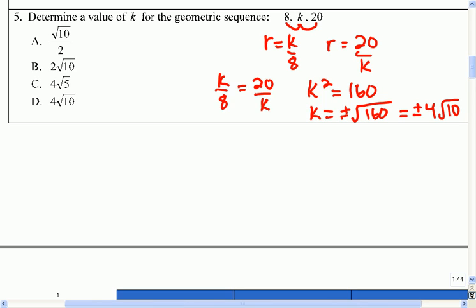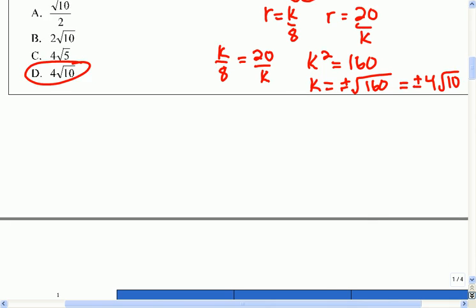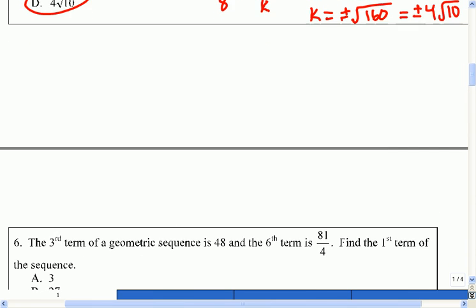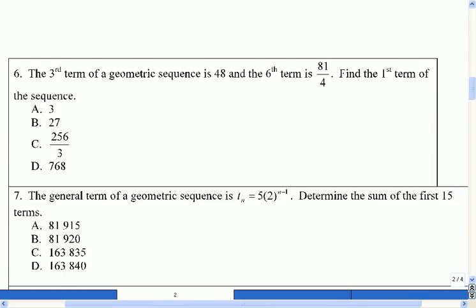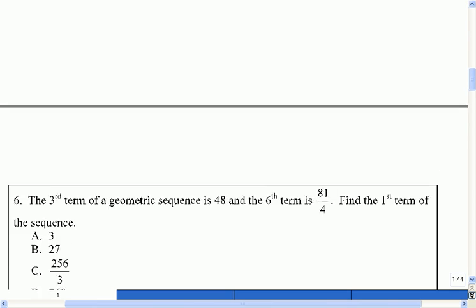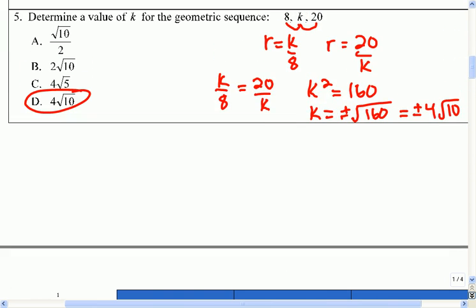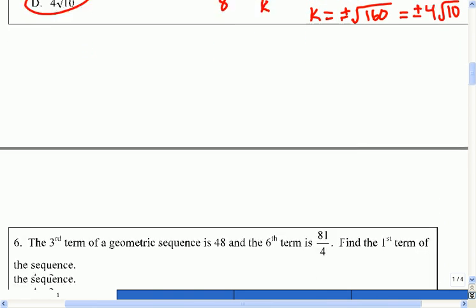And this is one of the possible answers here, 4 root 10. The other possible one would have been negative, but it wasn't given as one of our choices.